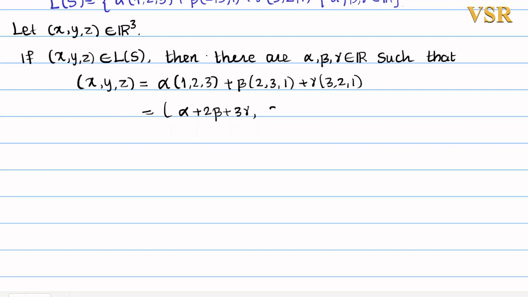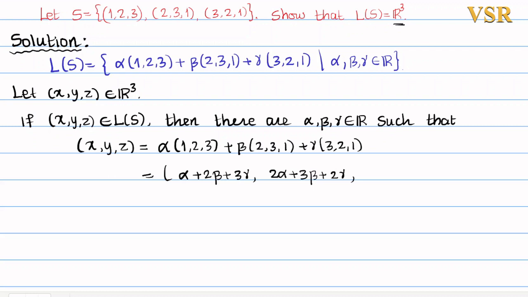And the last one is 3 alpha plus beta plus gamma.